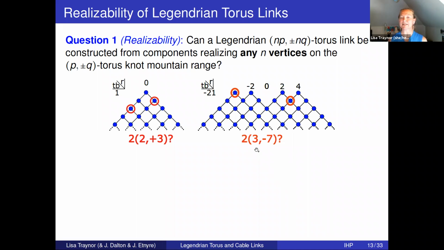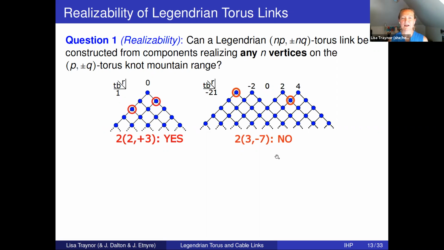Or for example, if I looked at a 6, minus 14. It turns out that those 2 vertices that I chose for the 4,6 can be realized, but this pair of vertices over here for the 6, minus 14 cannot be realized.